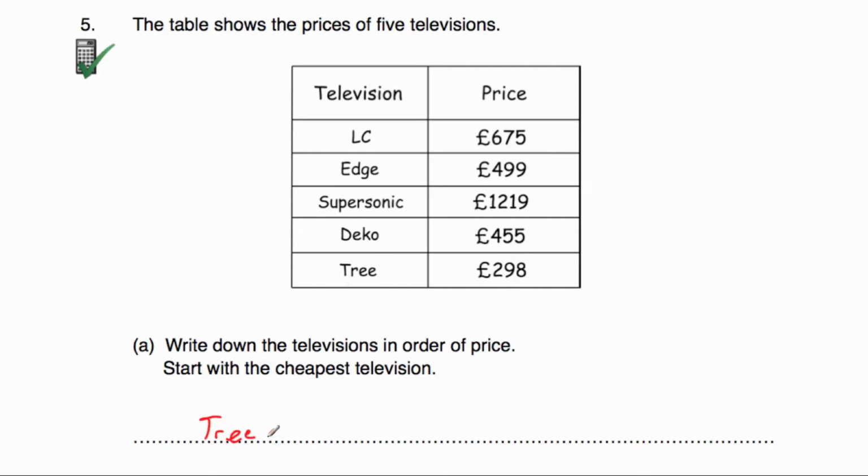So we've done that one. Next, we've got 455 and 499. 455 is the next cheapest one, so that's Deco. Then we've got the 499 one, which is an Edge TV. Then we've got our LC TV, which is £675. And finally, we've got our Supersonic TV, which is £1,219. So Supersonic.